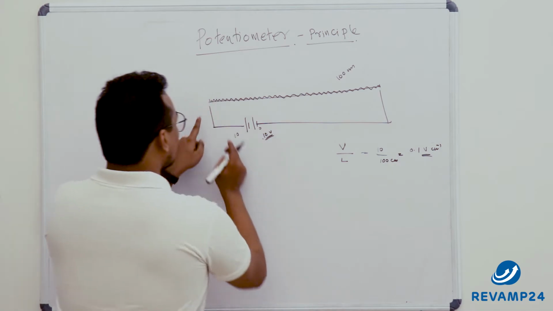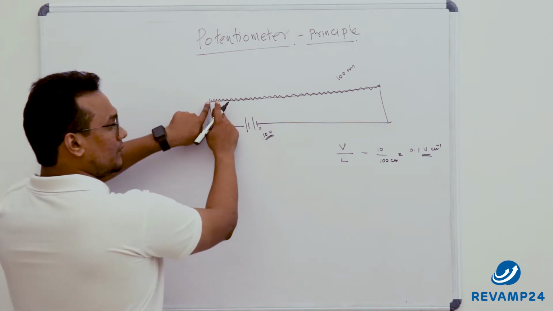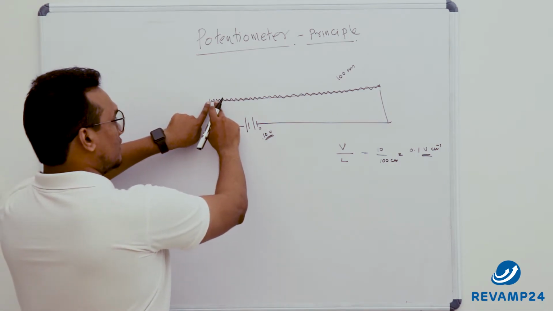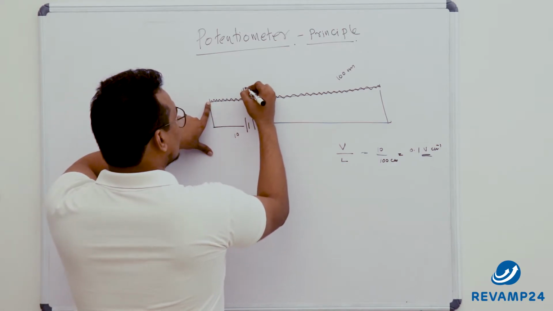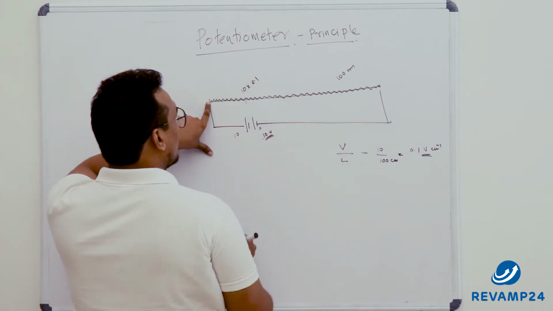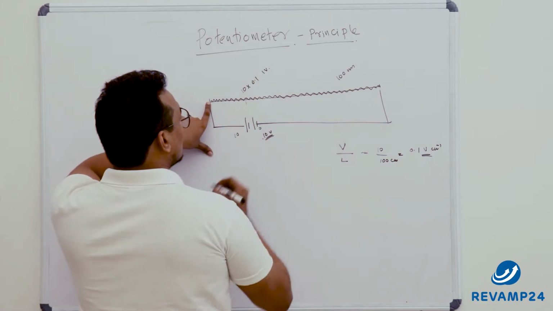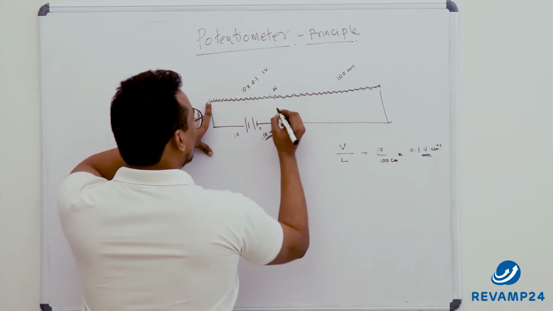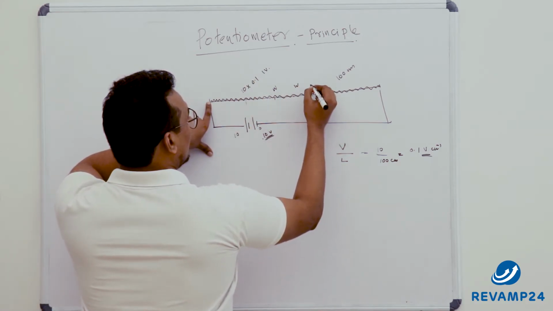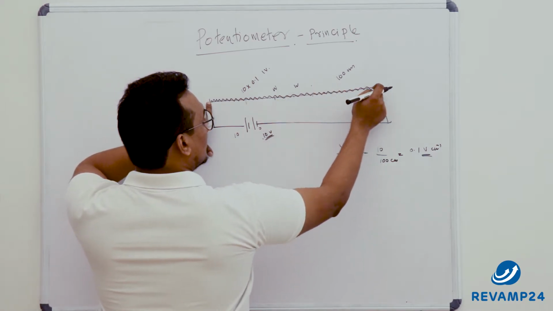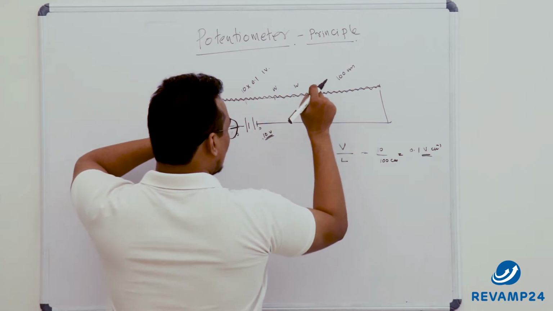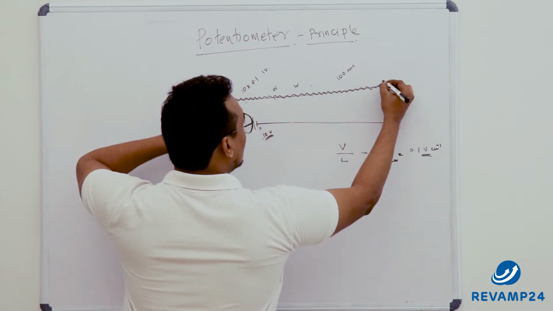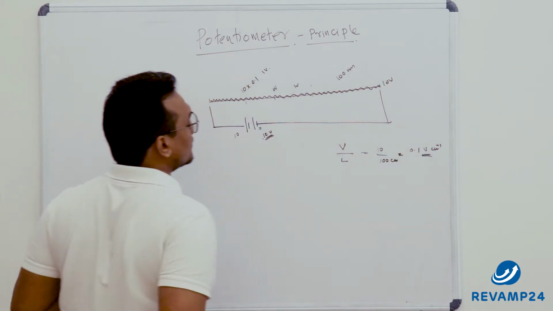So in every centimeter there will be a drop of 0.1 volt. Similarly with 10 centimeters it is 10 into 0.1, which is 1 volt drop. Then with 20 centimeters 1 more volt, 30 one more, 40 one more, 50 one more, and similarly at 100 centimeters a total of 10 volt will be dropped.